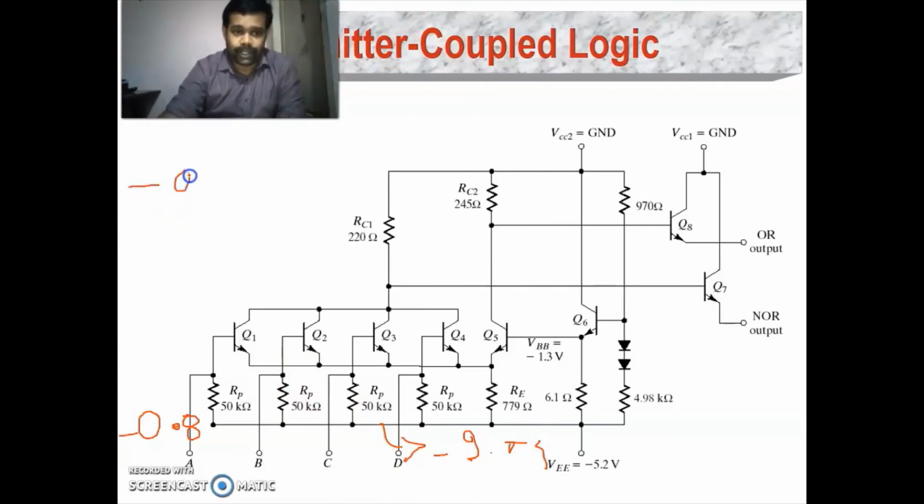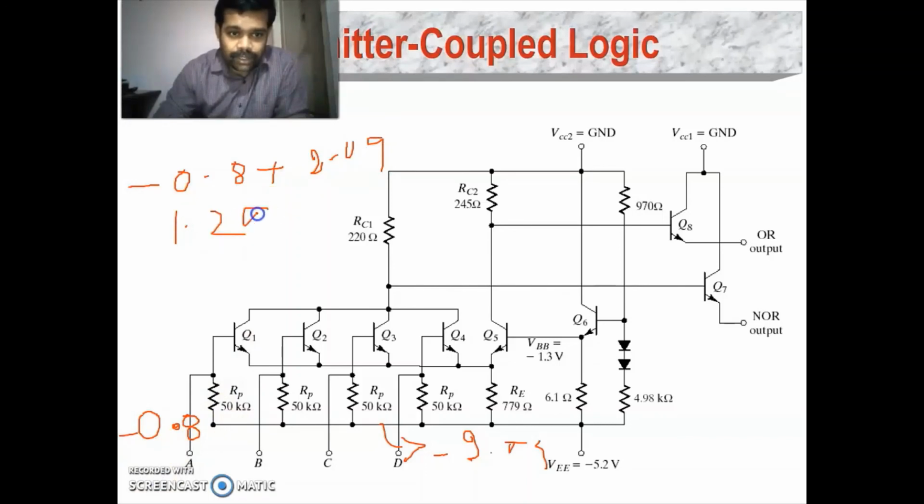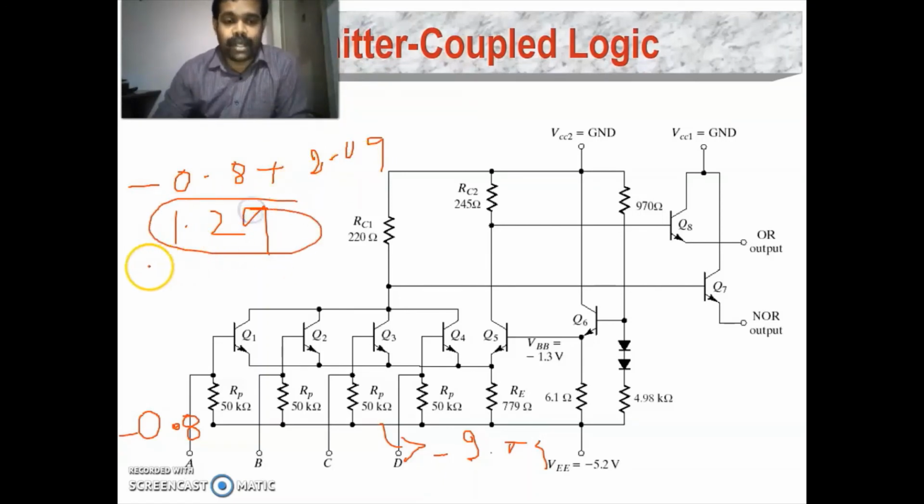So minus 0.8 plus 2.09, you are getting 1.29. So 1.29 is greater than 0.8. So the transistors Q1, Q2, Q3 and Q4 will conduct.